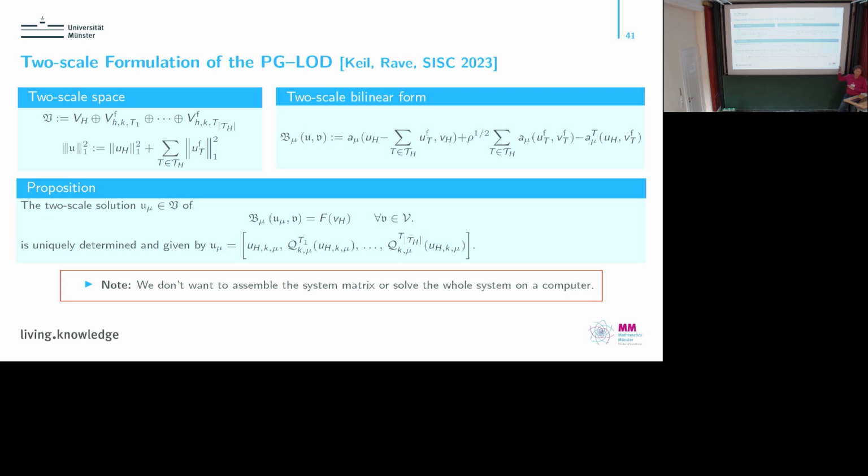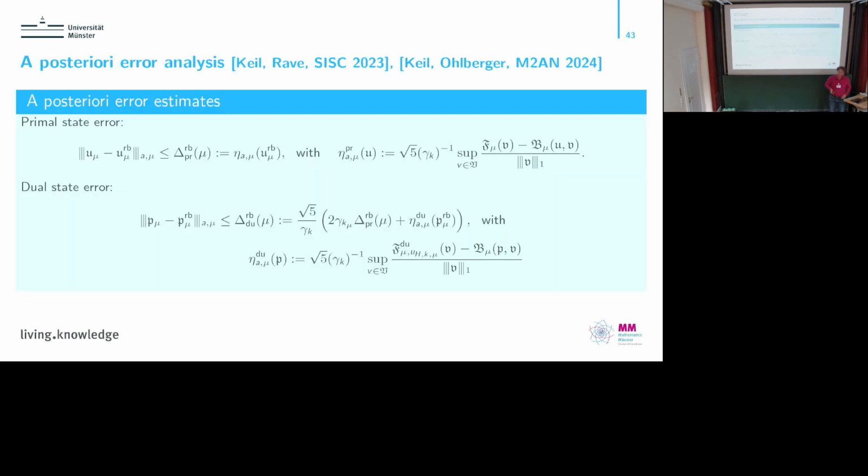So this is also in the paper. So this is how you choose this stabilization parameter, and then you get this inf-sup stability, and you can get the a posteriori estimate. And of course, the same applies to the dual problem.